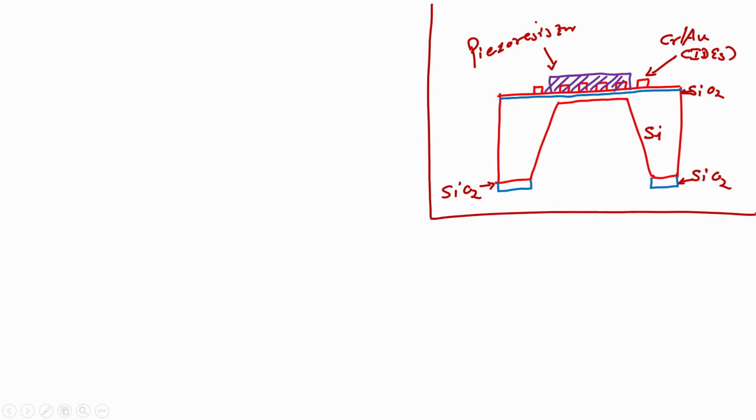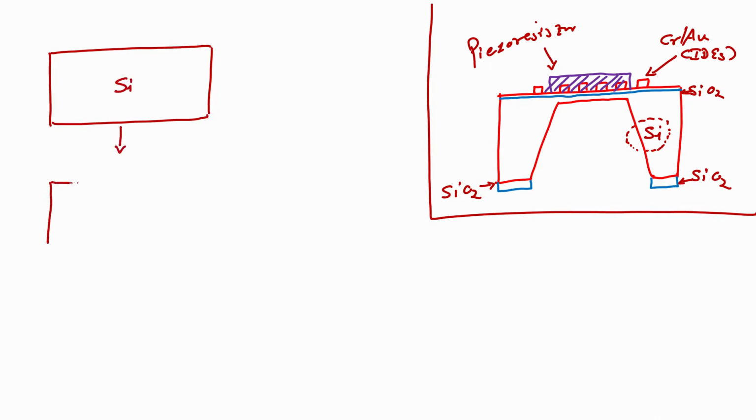Okay. So, now what do you see? You see a silicon wafer. So, we will start with a wafer. This is my silicon wafer. The next step is I have to grow or deposit silicon dioxide.